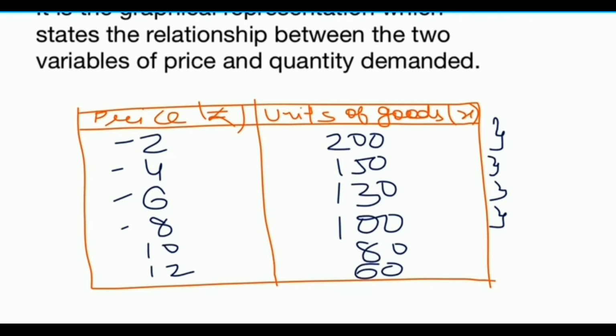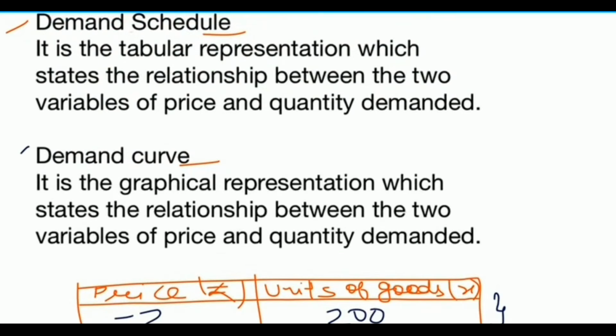Now let us take the next topic, that is demand curve. Demand curve is a graphical representation which states the relationship between the two variables of price and quantity demanded. The same happens in the demand curve also, but it is a graphical representation, not a tabular representation.